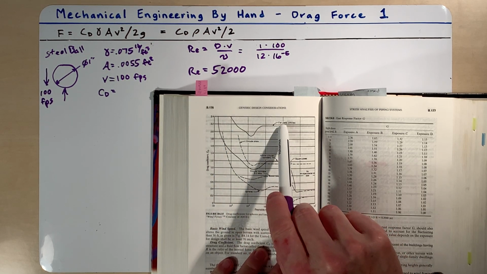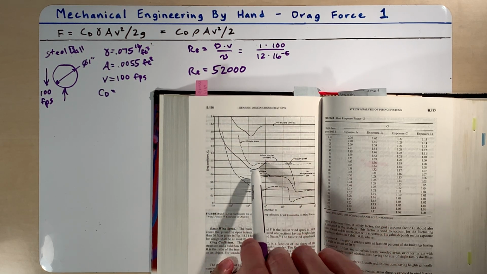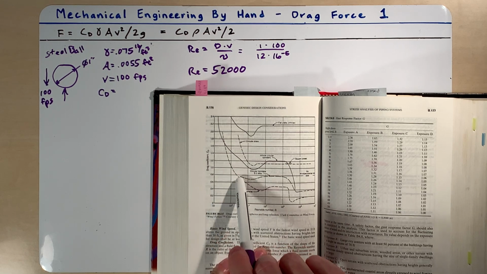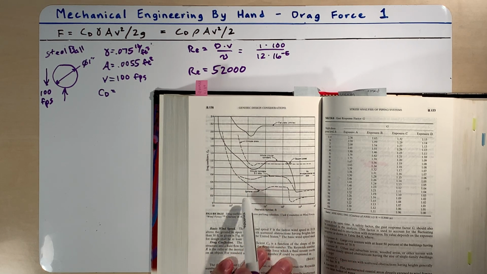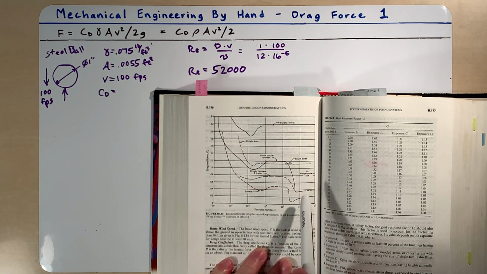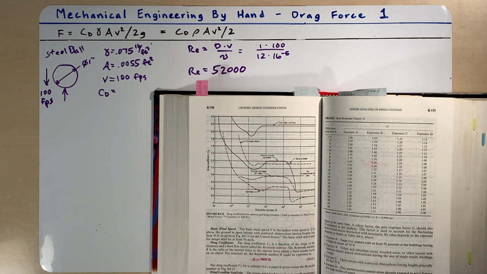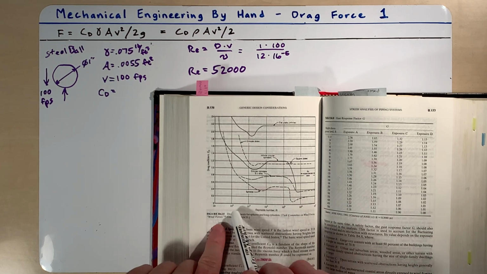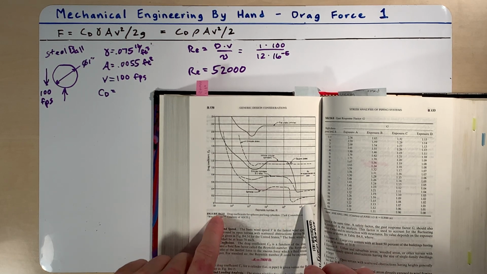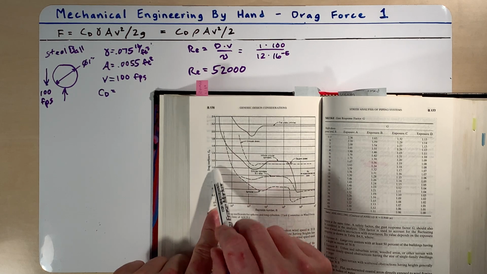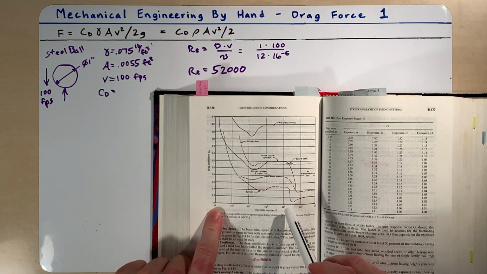So this line is for flat plates, circular discs, cylinders here, and then on the bottom we have spheres, which is this dashed line. And so we need to find the Reynolds number, which is here on the bottom, and then just read the drag coefficient over here on the left.